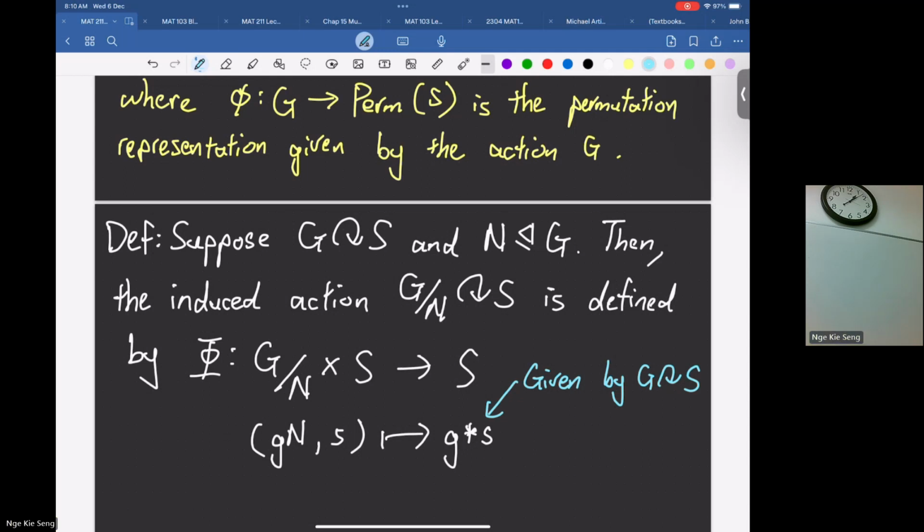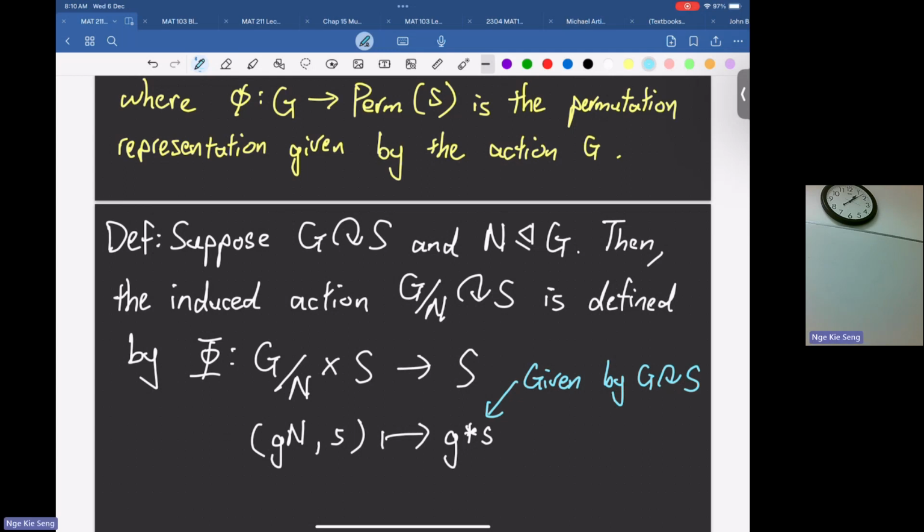N, right? You have 0, you have n. So 0 and n define the same coset. I can pick 0 as my representative, I can pick n as my representative. So if I take 0 composed with X, is it the same as n composed with X? So you need to check whether this is well defined or not.